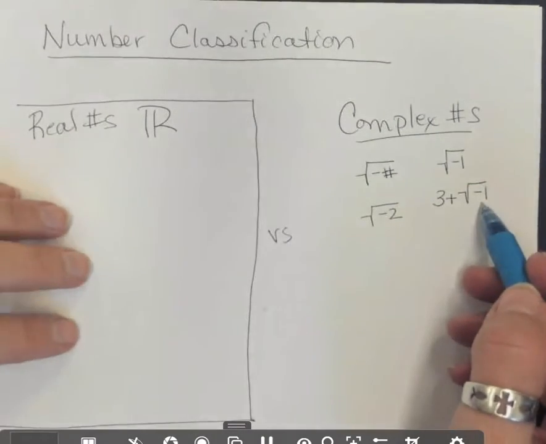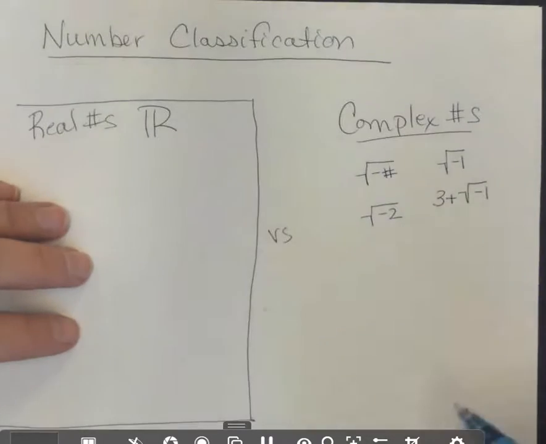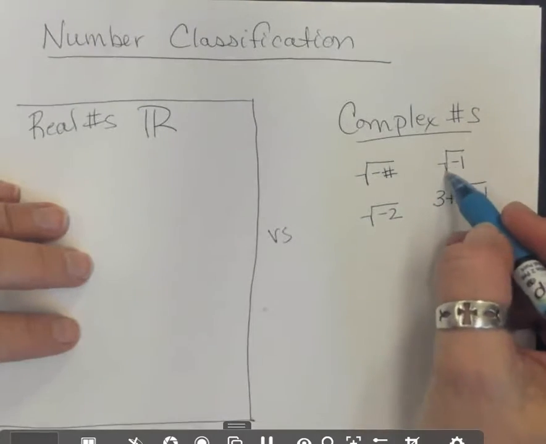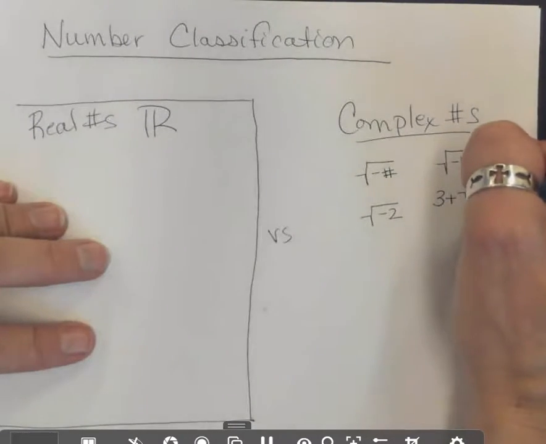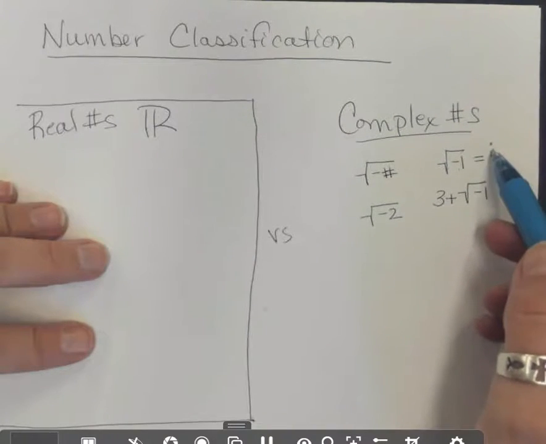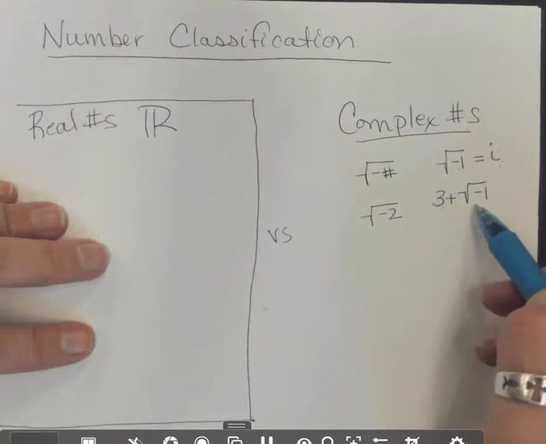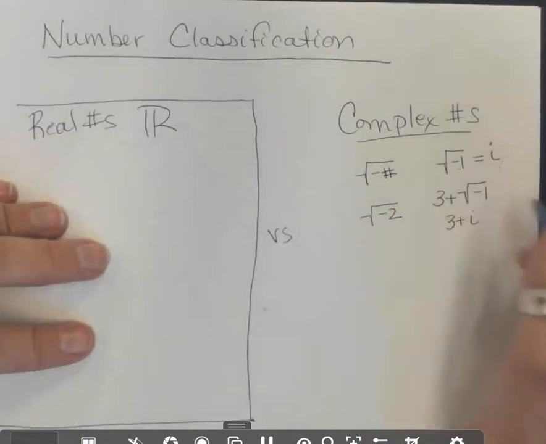All along we've said, well, there's no real solution. That's because we have something called a complex solution. The square root of negative 1 is actually equal to something that we call i. i is an imaginary number. We write it with a tail, and so the square root of negative 1 is i. So 3 plus the square root of negative 1 would be 3 plus i.